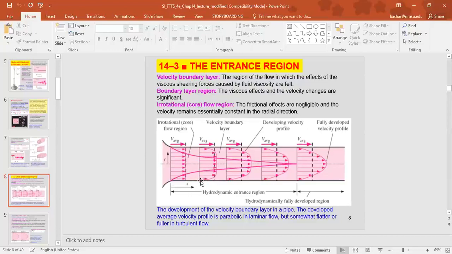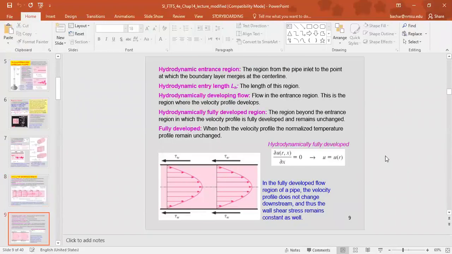That means that the velocity at the wall should be 0, but this process occurs gradually. That's why the velocity profile keeps changing until it reaches its fully developed profile, where it won't change anymore with the flow direction.